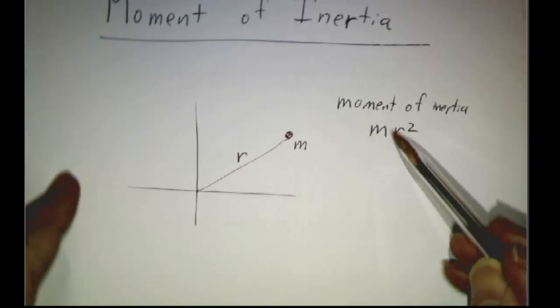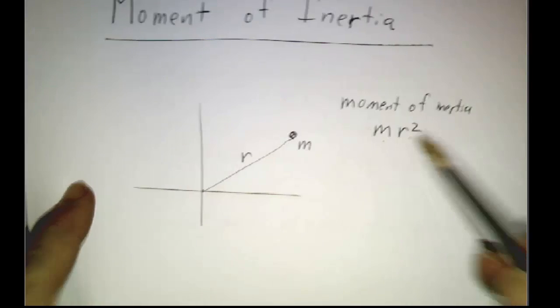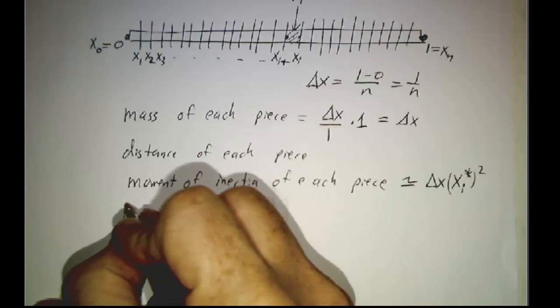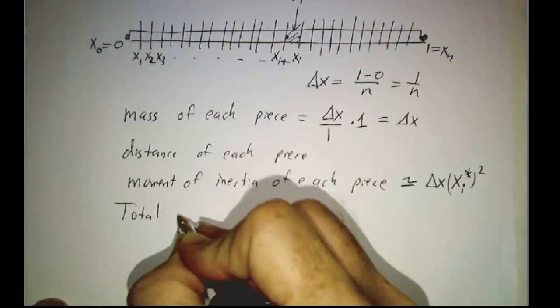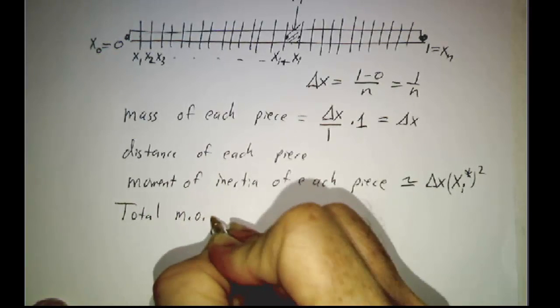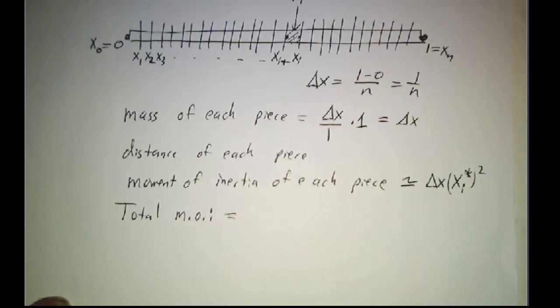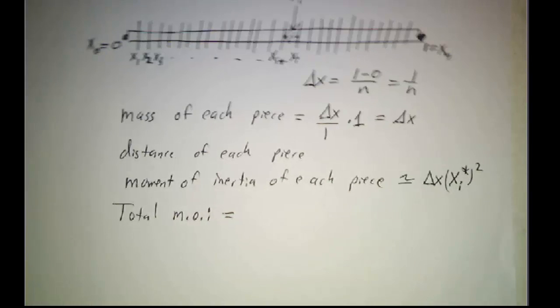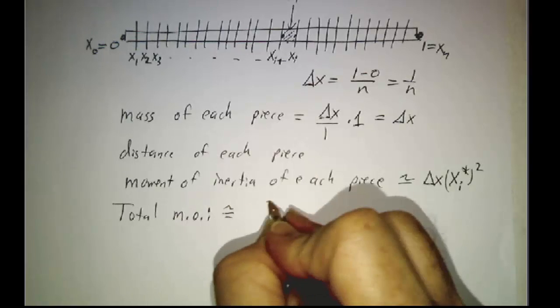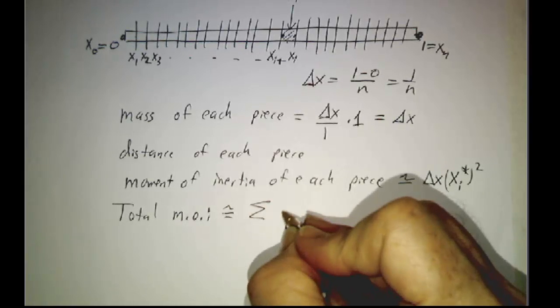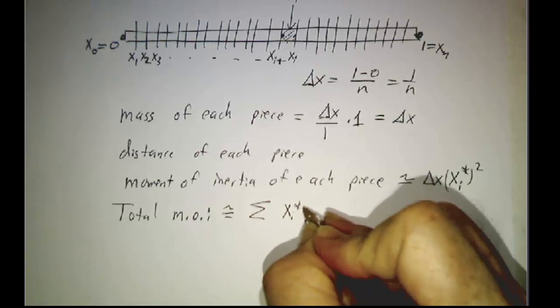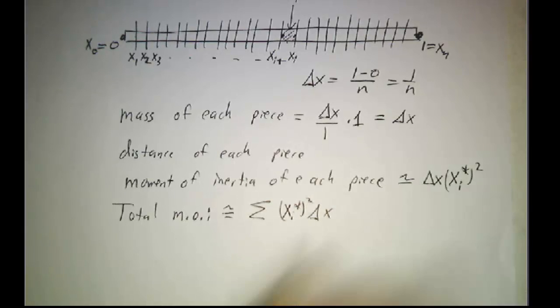The moment of inertia is the mass times the distance squared. As always, we want to get the total. The total moment of inertia, MOI for moment of inertia, is going to be the sum of those contributions, xi star squared times delta x.